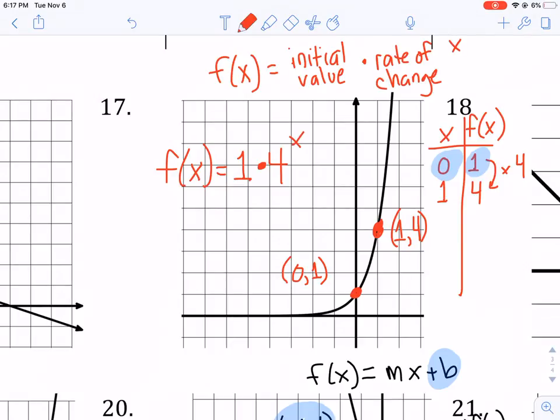I don't need the 1 here because 1 times anything will always give me itself. That's the identity property. So I can just leave this as 4 to the x power. So when you're stumped and you're looking at a graph and you know it's a linear function or an exponential function, but you don't know where to go with it, just create a table. That'll enable you to find your initial value and your rate of change. Hope this helps.